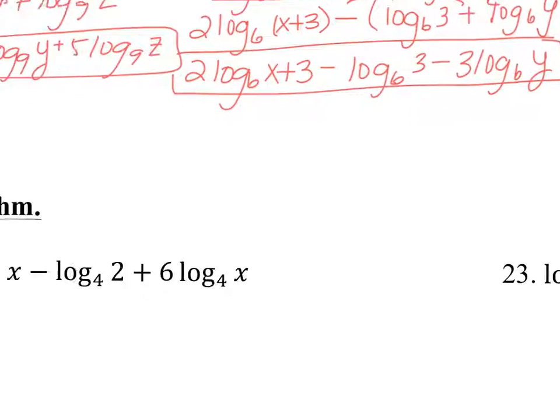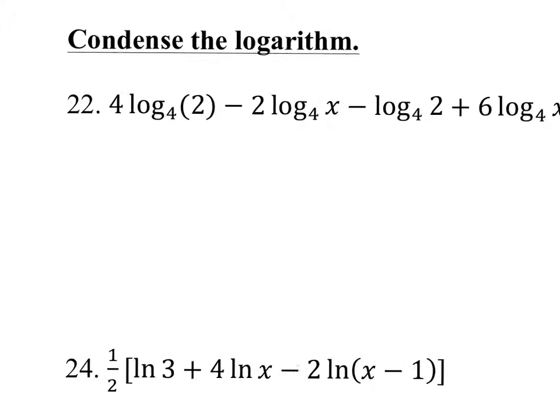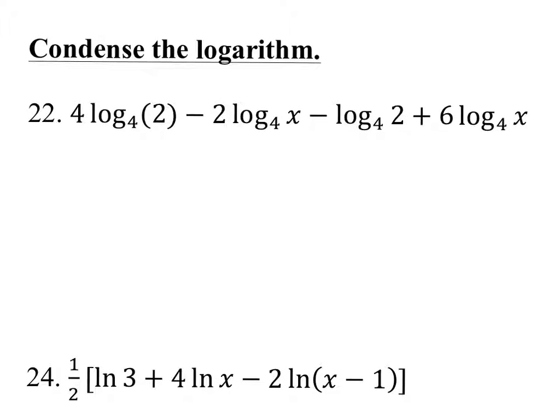So now if I go and try number 22, I have to condense all of this. So this will be 2 to the 4th, this will be x squared, that'll be 2, and that'll be x to the 6th. So 2 to the 4th divided by x squared, because it's minus, divided by 2, because it's minus, multiplied by x to the 6th.